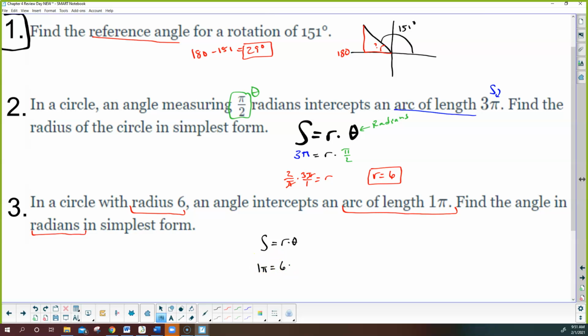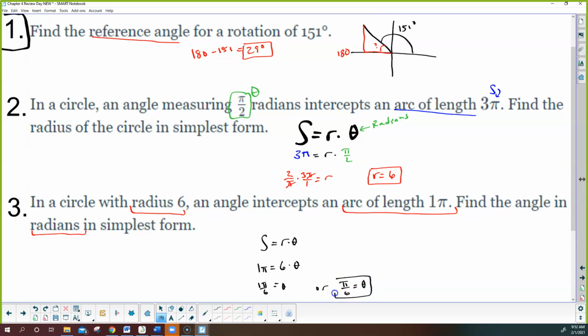This time we know the radius, so now I have to go ahead and solve for theta. So if I divide by 6, I get 1 pi over 6 is theta, or we could just write that as theta is pi over 6.